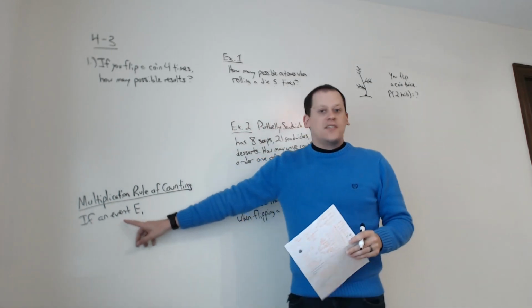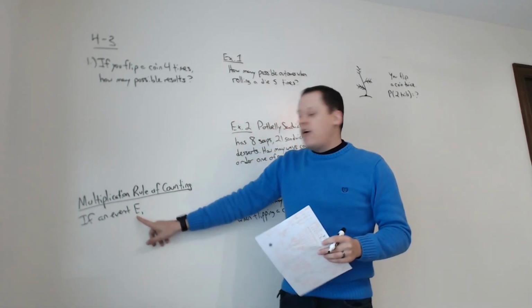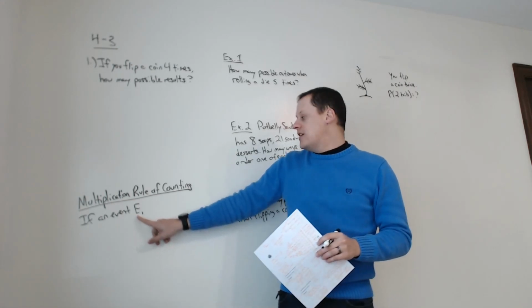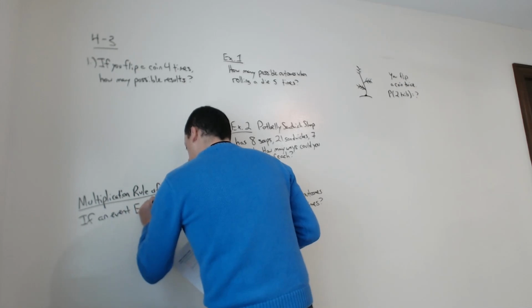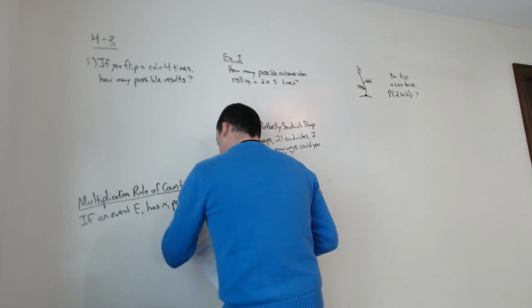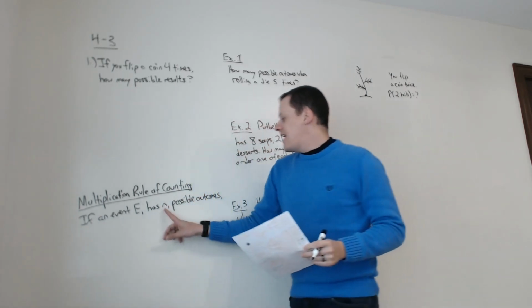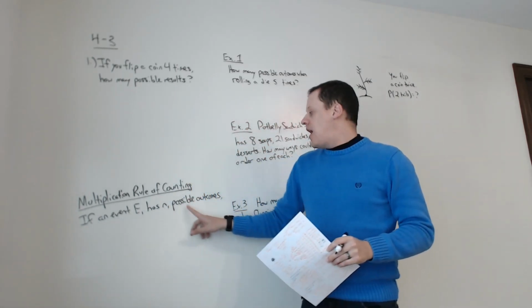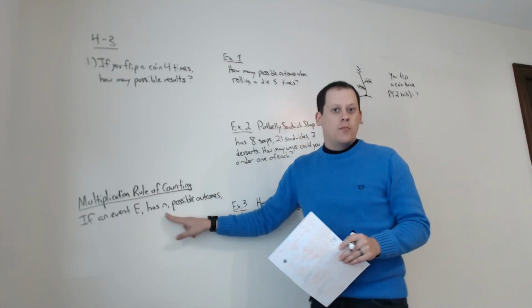Let's say that there is some probabilistic event. We'll call it E1, for event 1. Let's say event E1 has N1 possible outcomes.